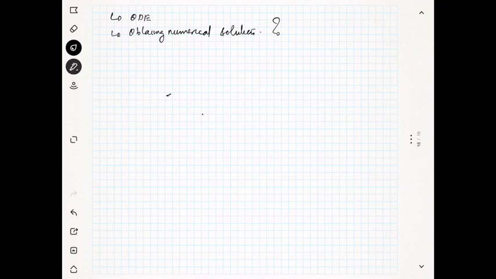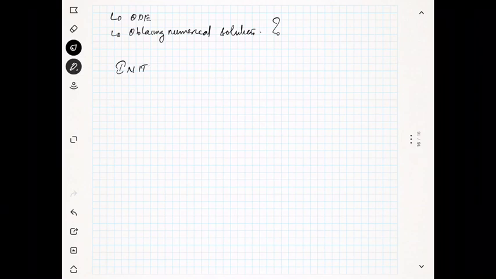So before that, I will explain what we mean by initial value problems and final value problems, boundary value problems. Suppose all the conditions are given at one value of x and the solution proceeds from that value of x, then we will call it an initial value problem.